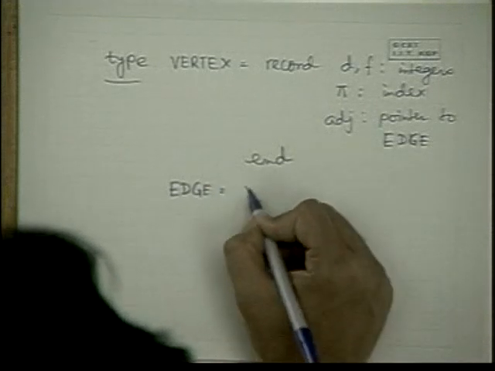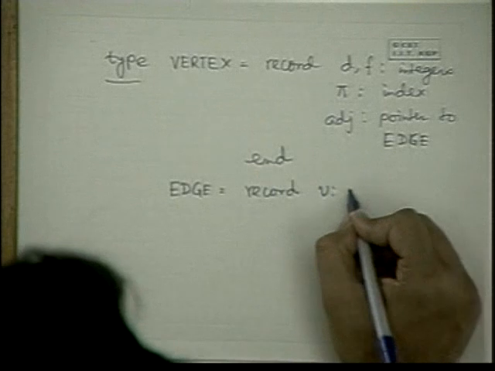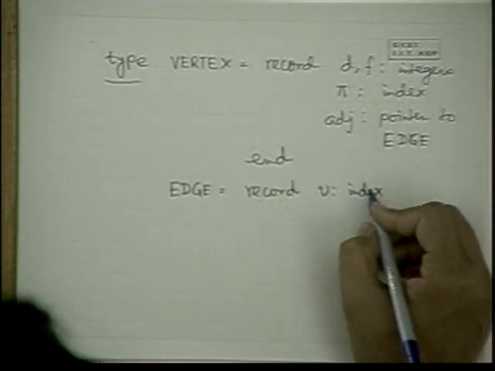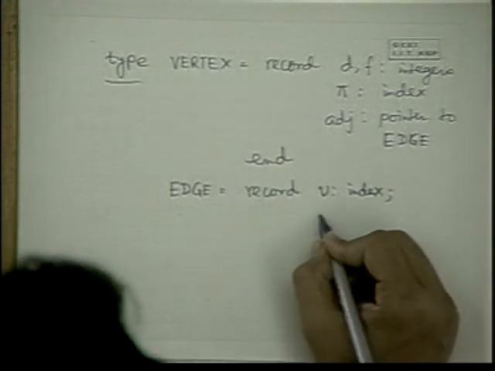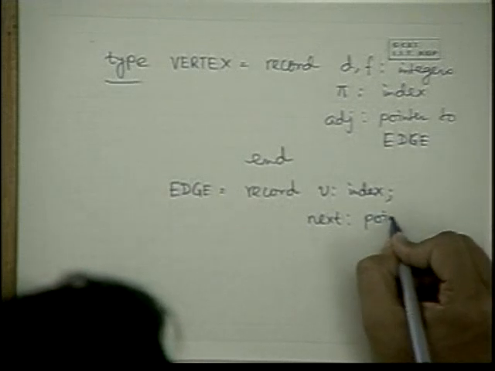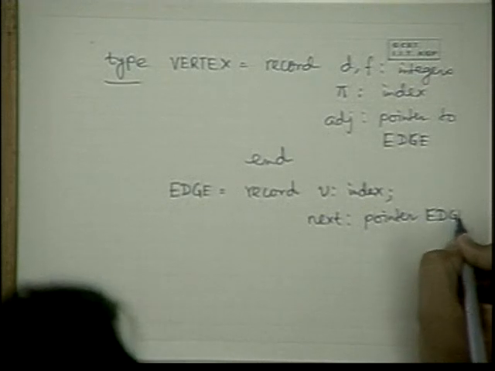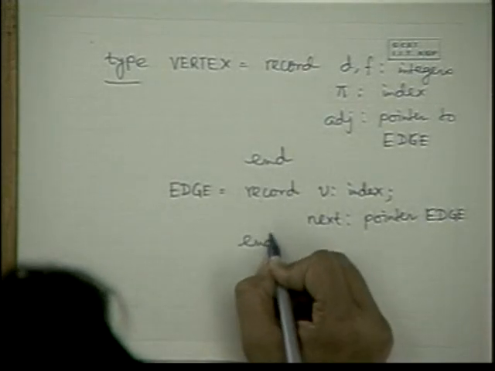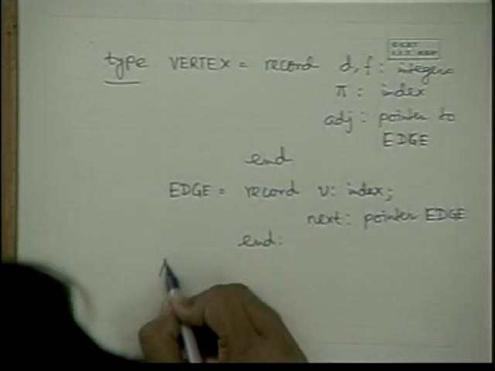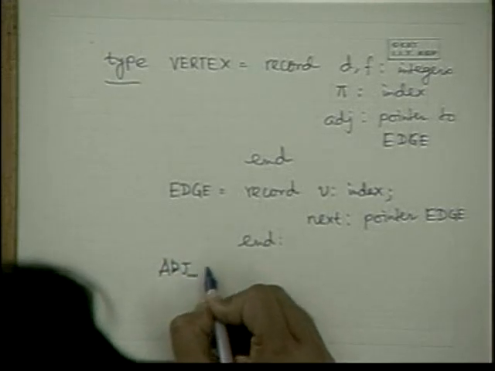Edge is a record again, where v is an index. Basically, this index is again an integer which will represent a vertex. Vertices are represented with an integer. And next is again a pointer, a self pointer to the structure itself, edge. And then we declare the array, which I am calling adjacency structure.